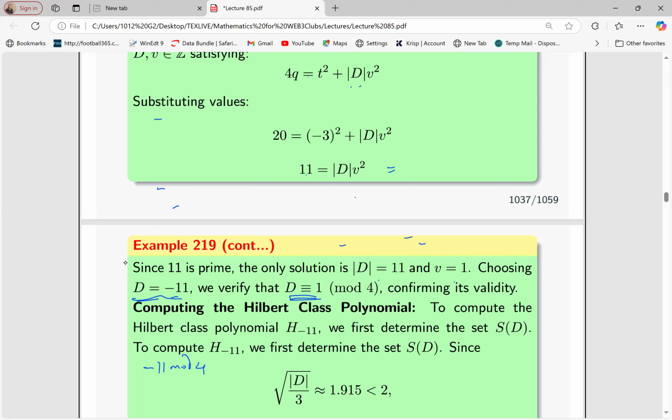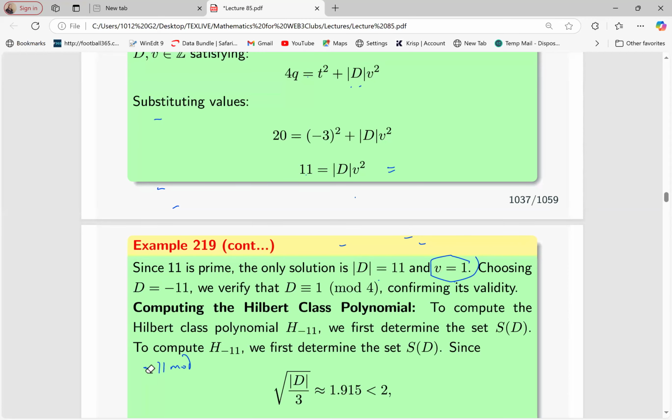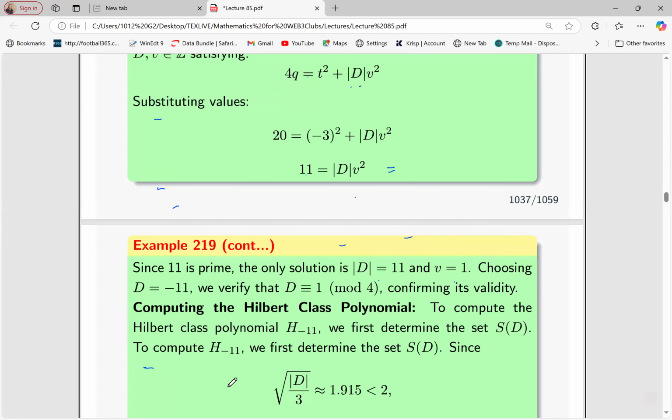So this is a correct D, and our correct V is 1. Now, you've seen the scenario, how we came up with various options of D and how we disqualified some of them because of the conditions we had been given. Once you have this D, you now want to calculate the Hilbert class polynomial.